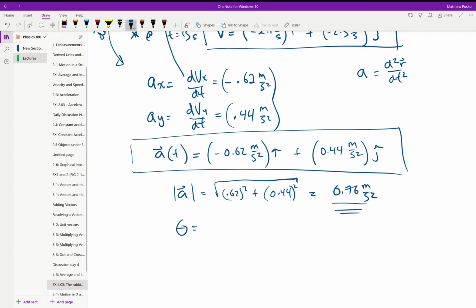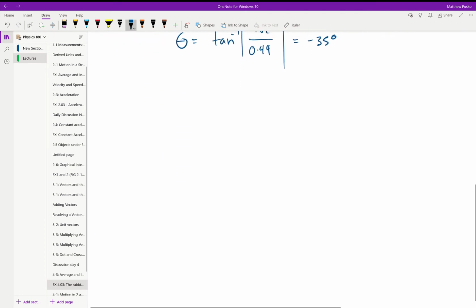If I wanted the angle, then we could do the tangent inverse of the y component over the x component. In this case it's 0.62, it was a negative, but I'll show you to make sense of the direction by actually graphing it. Leaves less room for error in my opinion. And we can get an angle of negative 35 degrees. Okay, let's graph this thing.